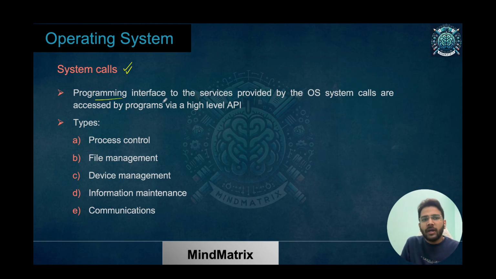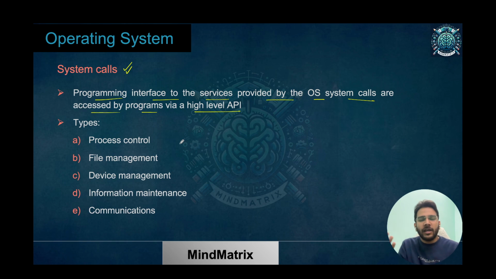The programming interface to the services provided by the operating system is accessed by programs via a high level API. So using a high level API, our programs can access the system calls and invoke them in order to render a service.